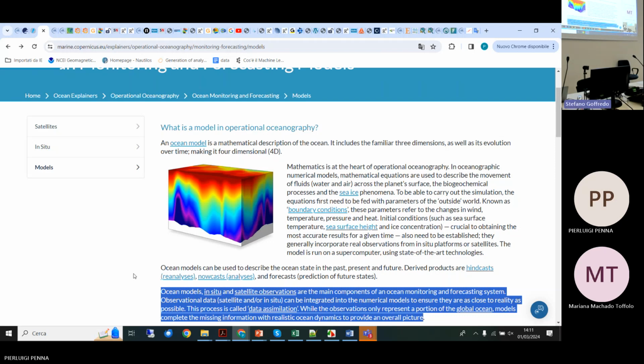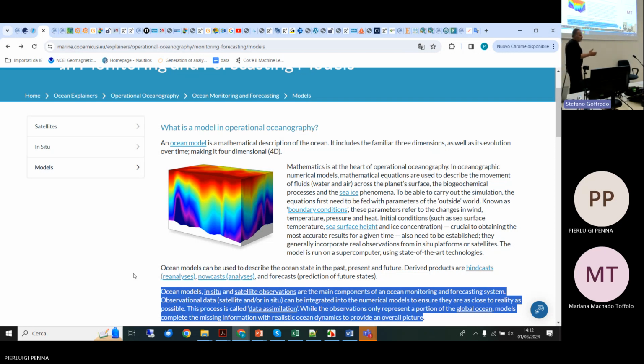The work of the model is to do the analysis, so use satellite data and in situ data to perform another run and to tune the result. And the goal is to have a minor uncertainty, incertezza.